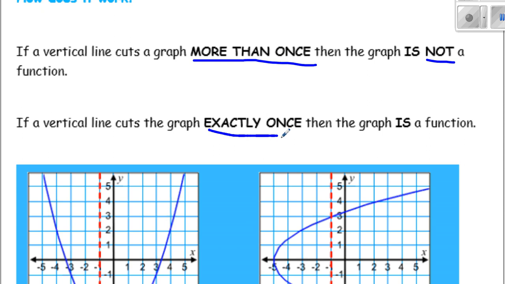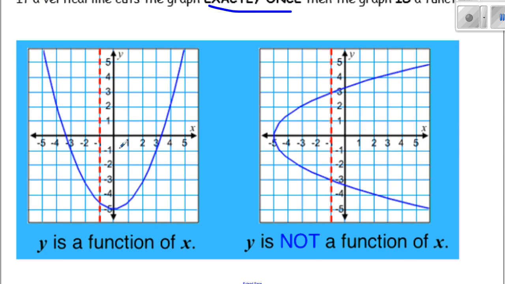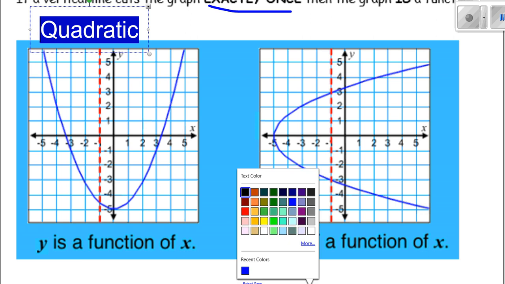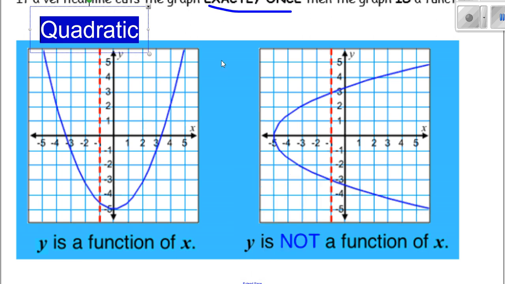So notice the function was a quadratic. So if you want, feel free to type in practicing what these things are. That's a quadratic function. So it's a quadratic function.